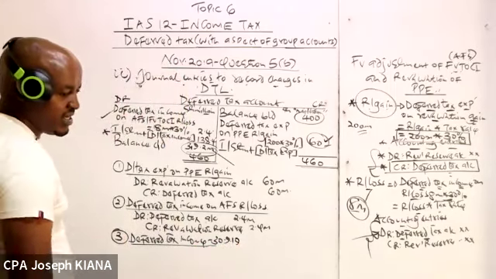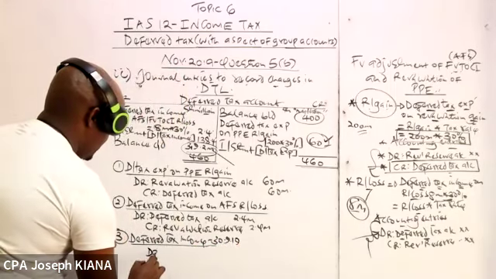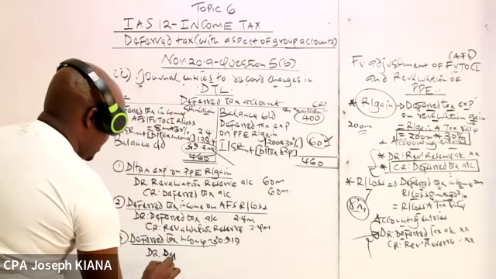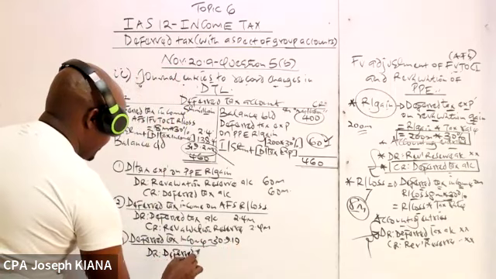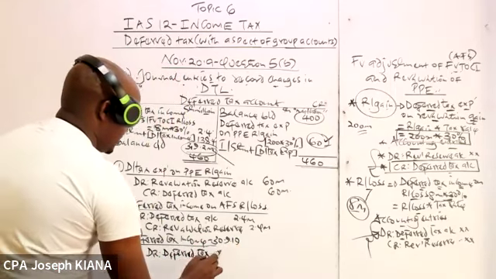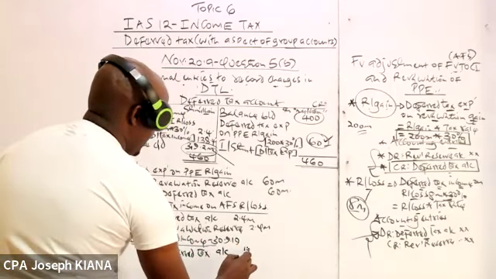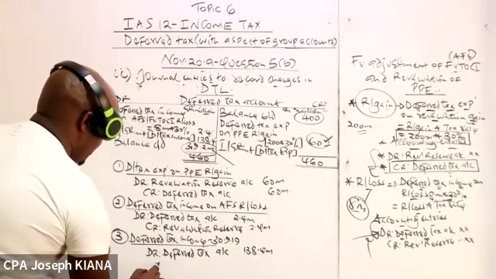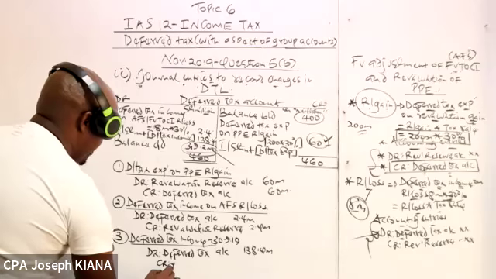That is when the current year ended. So therefore, we debit the deferred tax account 138.4, and then we credit.